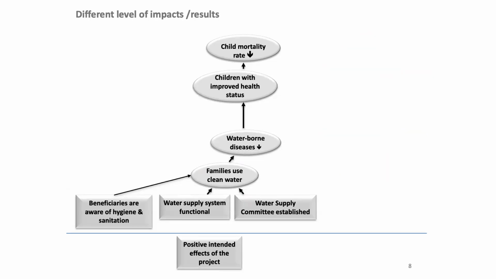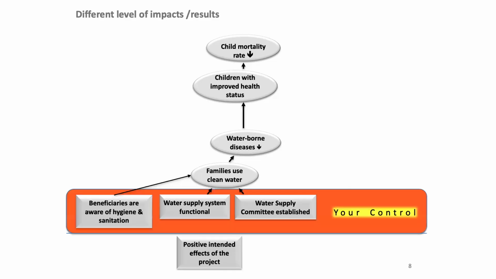Successful projects often were defined when the three changes which we have defined here at the bottom, that beneficiaries are aware of hygiene, that the water supply system is functional, and the water supply committee is established, when these three changes were achieved.